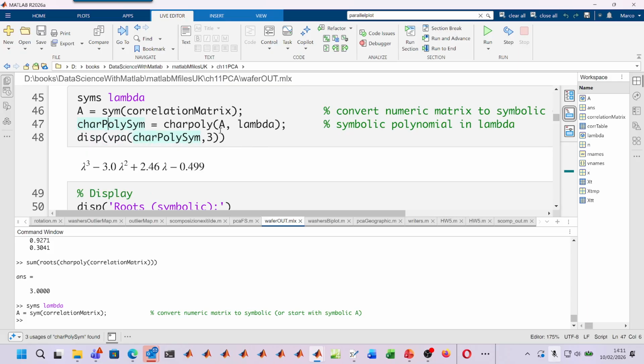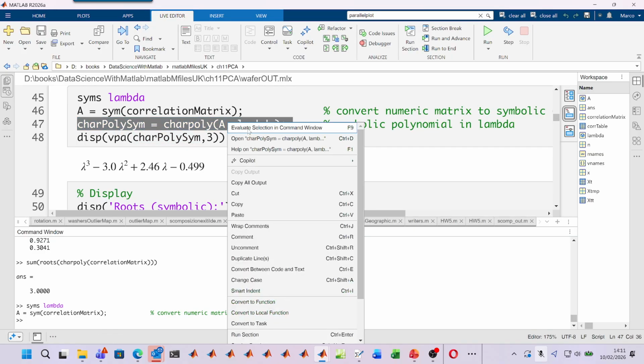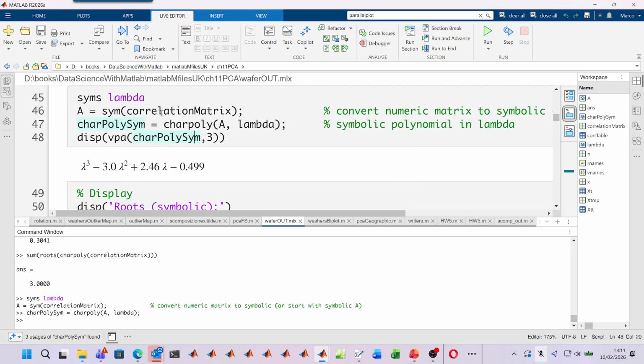Okay, then you do the same function, but here you work in a symbolic way. So this is the polynomial of third degree. These are the things that the machine does, multiplied by square root of 209, multiplied by square root of 709. Unfortunately there is this VPA which controls the number of decimal points.